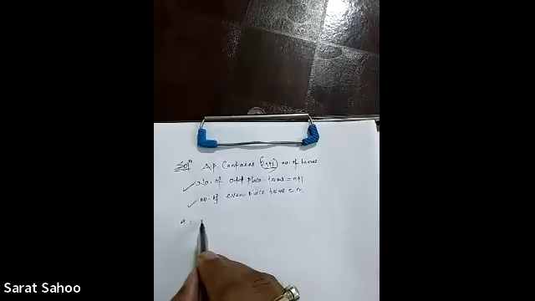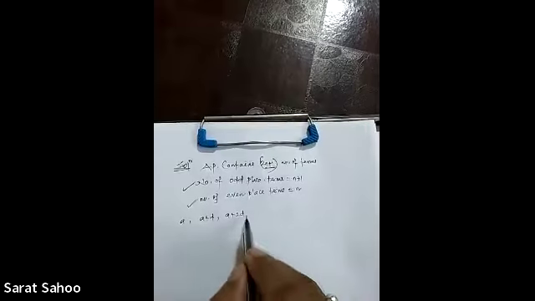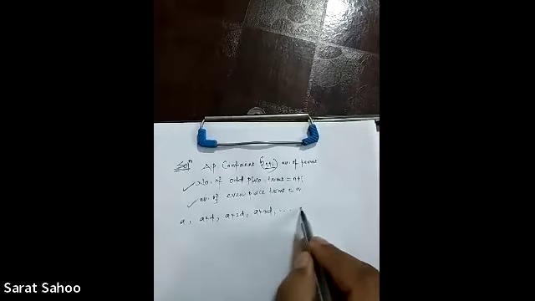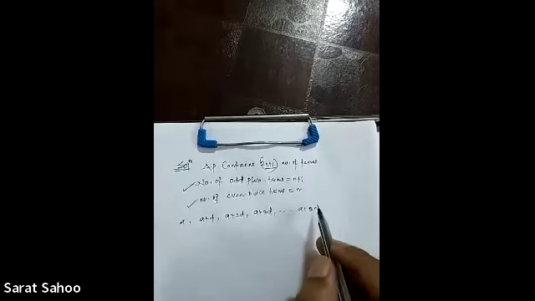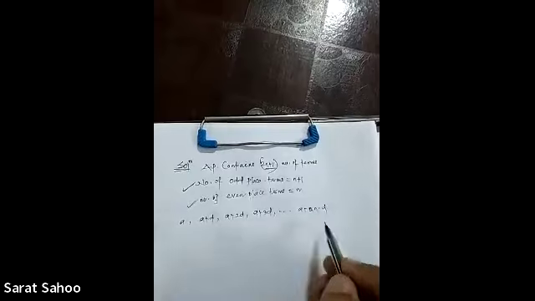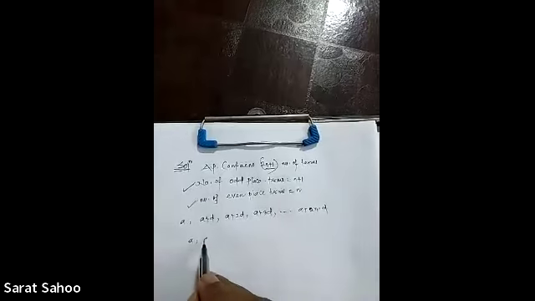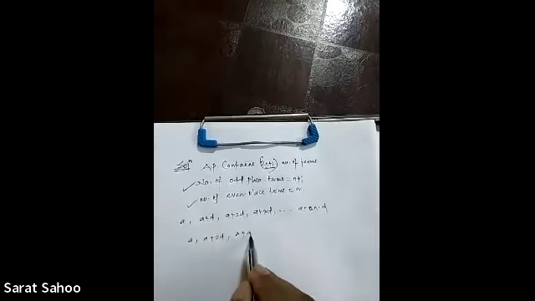The terms are A, A plus D, A plus 2D, A plus 3D, up to A plus 2nD. Odd place terms are A, A plus 2D, A plus 4D.